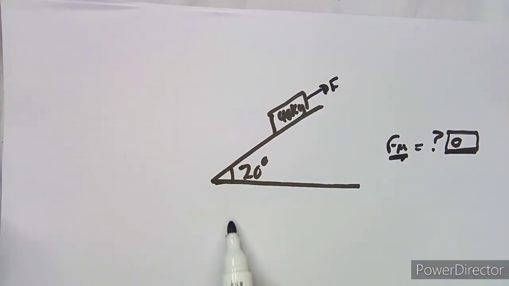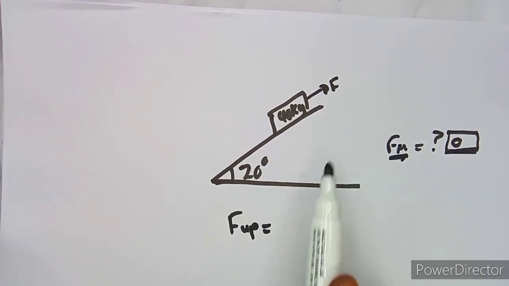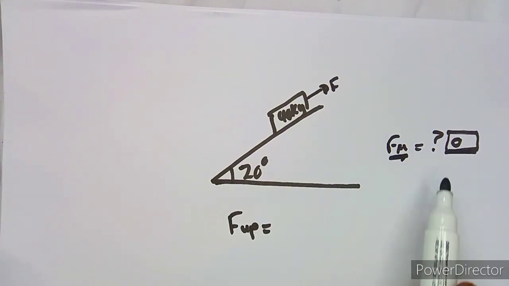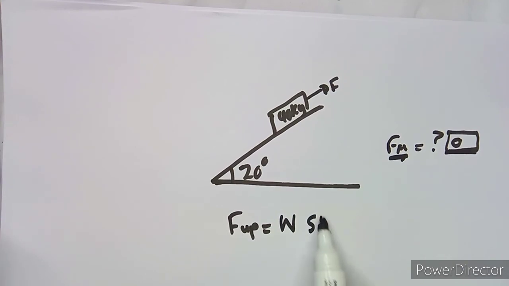So that means our F up in this case is going to be the force that is requiring this to go up, which is going to be the vertical component here, because it's parallel. So it's going to give us the vertical component. So we are going to have W sine theta.